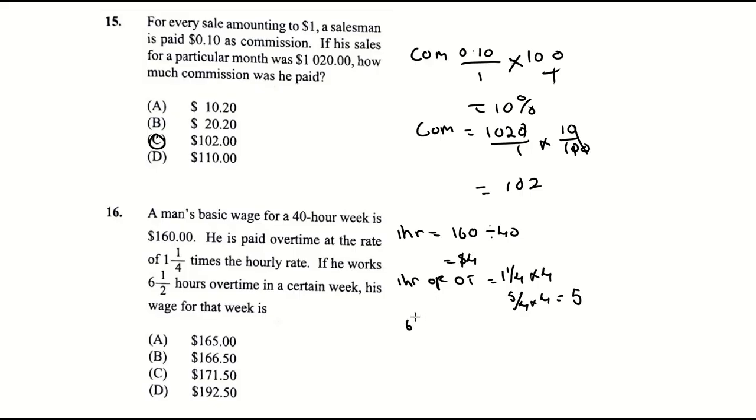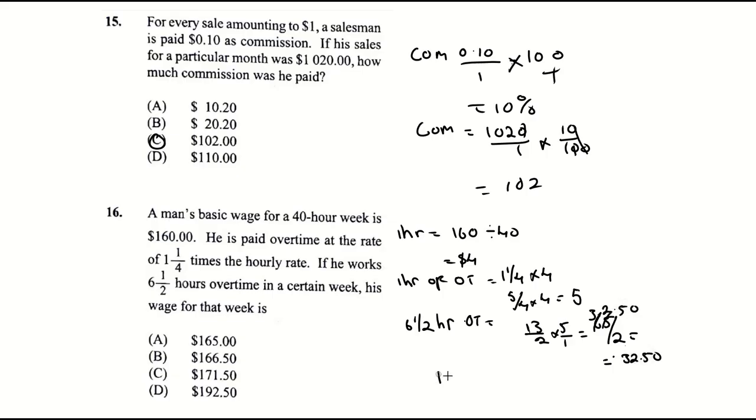So if he works for 6.5 hours of overtime, it would be 13 over 2 multiplied by 5 over 1, which is 65 over 2. 2 could go into 6 3 times, 2 could go into 5 2 times, so it's $32.50.